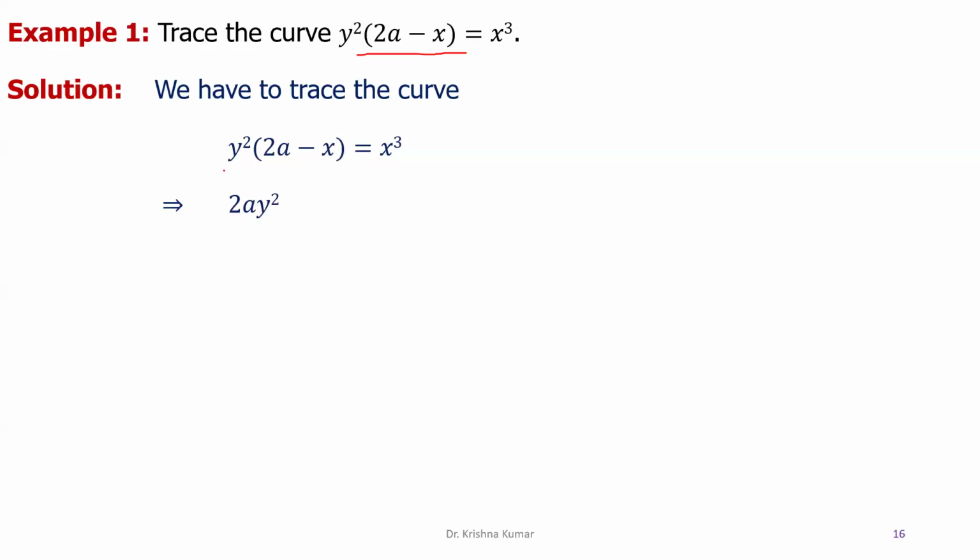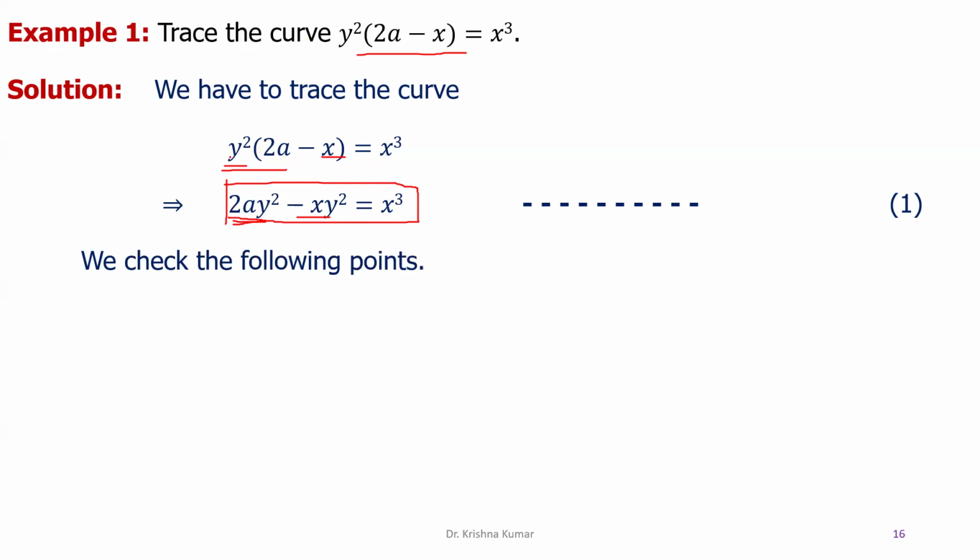Let us open the bracket: 2a y² − x y² = x³. So this is the equation of the curve which we have to trace.